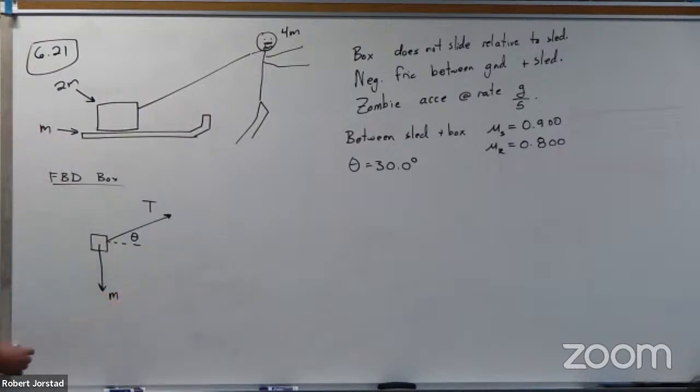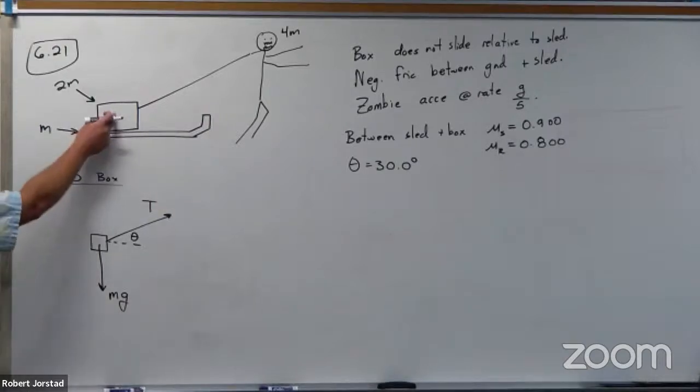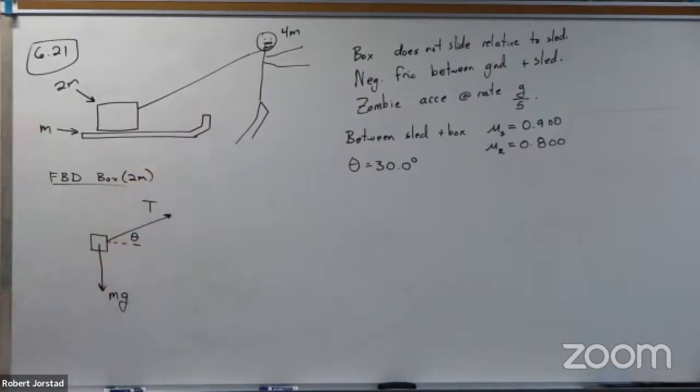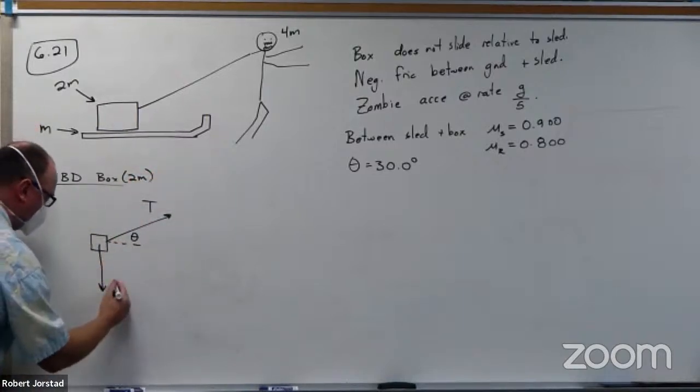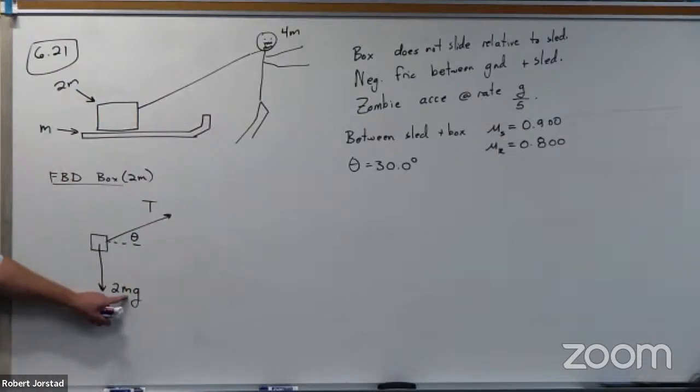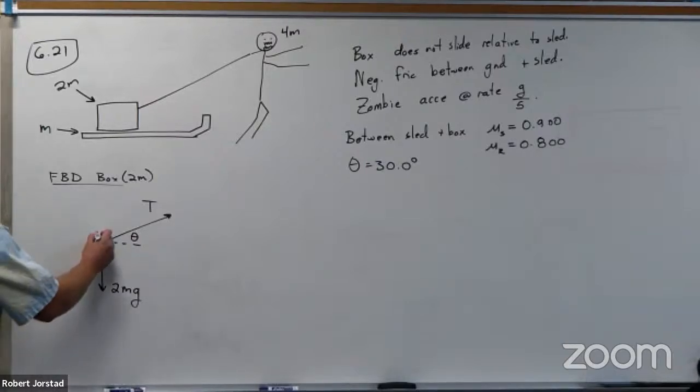Now, wait a minute. What's wrong with this? This is a different style. What mass is the box? 2m. So what should I use for mg? 2mg. Don't overthink it. In this one, we don't need subscripts because we're just going to call the mass 2m. What else? Normal force.